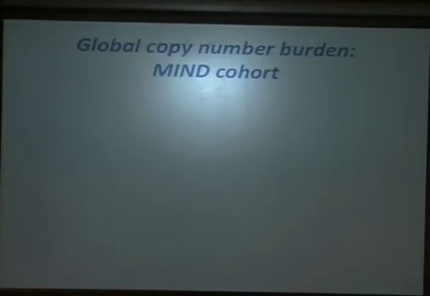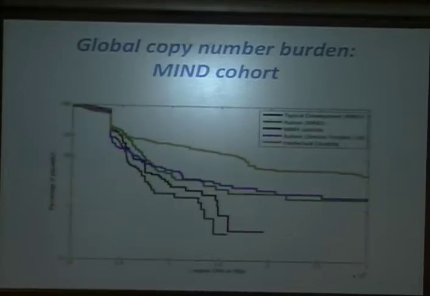All right, so I'm going to give you the take-homes. The MIND cohort is this group from California. The first thing I'm showing you here, on the y-axis is the percentage of the population of study, and on this axis is how big the copy number variant is. These graphs represent different populations. This group is actually a group that has not autism, but severe intellectual disability.